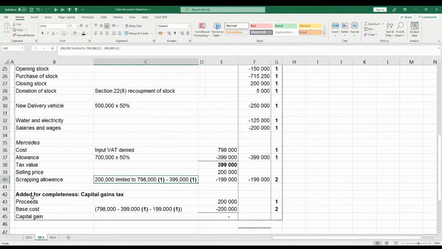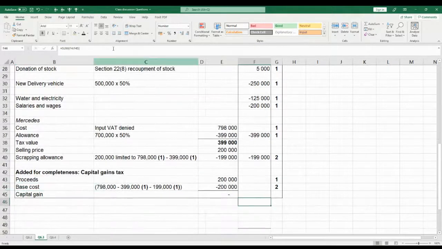Now, just for completeness purposes, for the capital gains tax, our proceeds would be 200,000 and the base cost would be the 798,000 less the tax value, less the additional scrapping allowance, which would give us a base cost of 200,000, which means there is actually no capital gains.